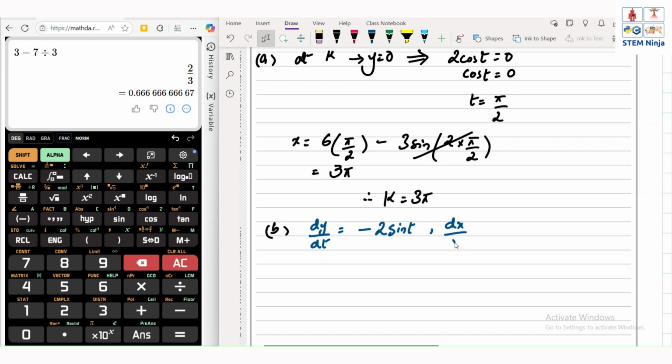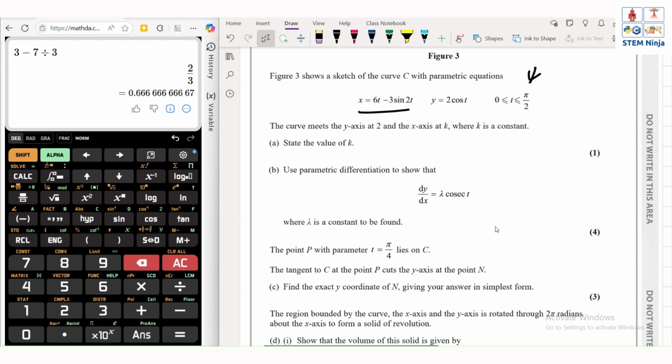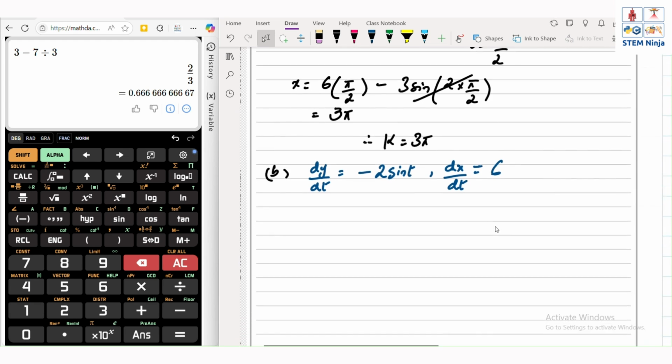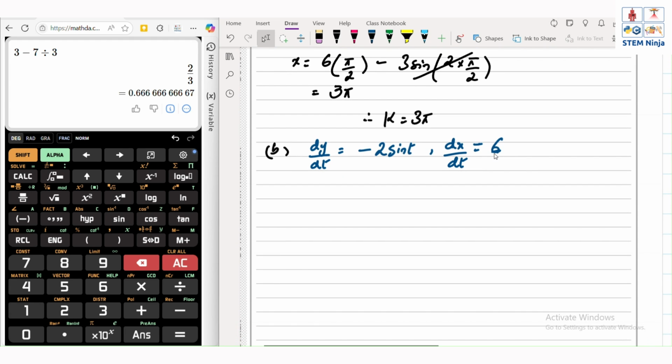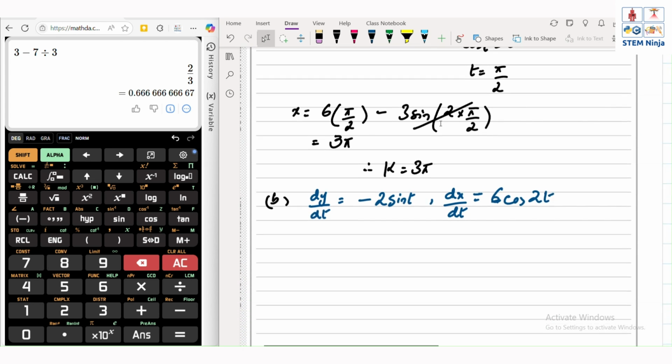And dx by dt is going to be 6 minus, and the derivative of sine is cosine, so 6 cos 2t. Oh, sorry, 6 minus 6 cos 2t. All right.